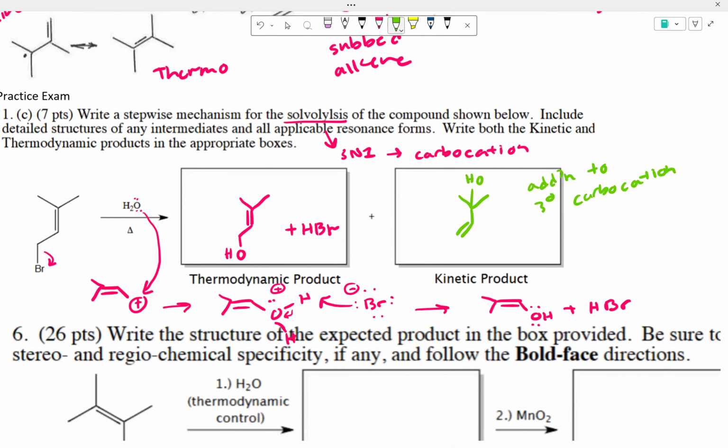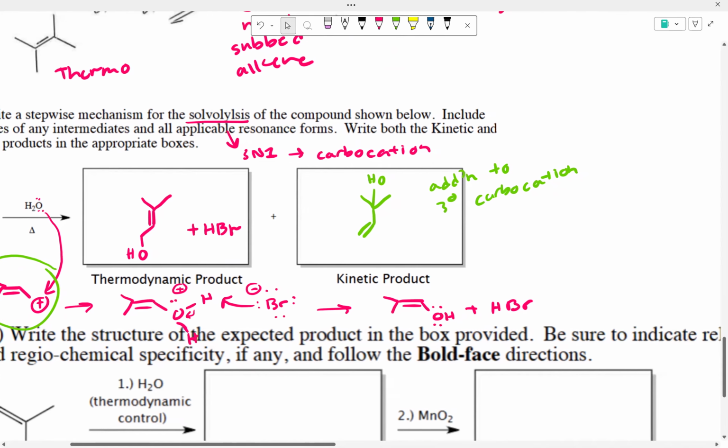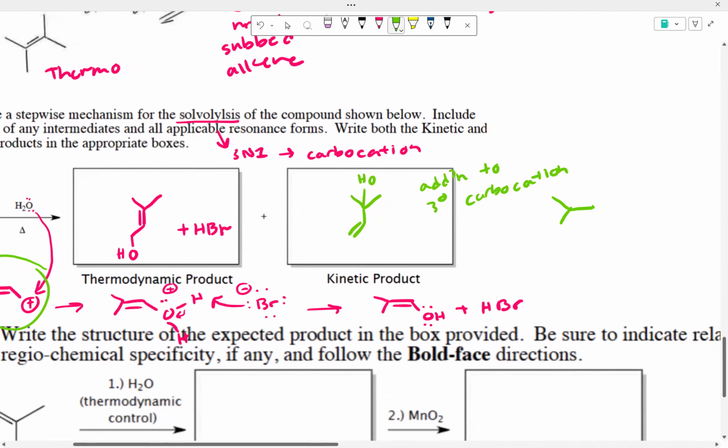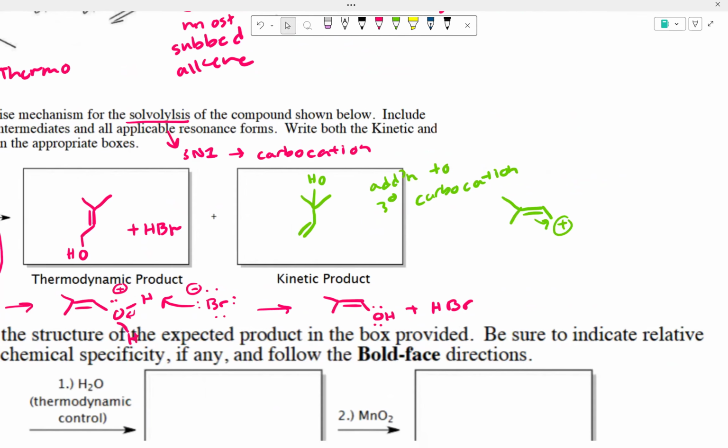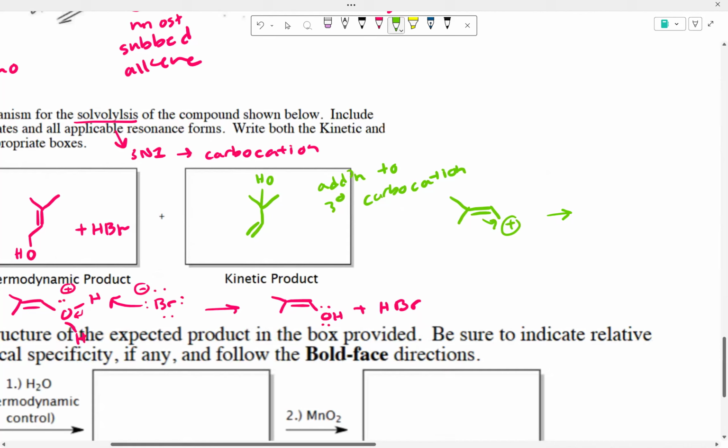Because what can happen here at our first step is we push the electrons from the pi bond to the positively charged carbon, and we get this. This is our kinetic product because we've changed from a primary carbocation to a tertiary carbocation, and the same thing happens.